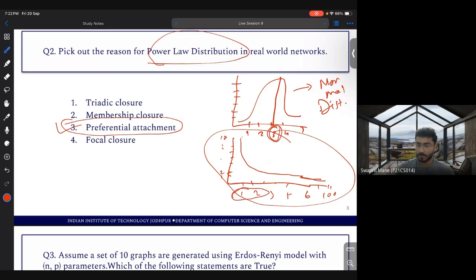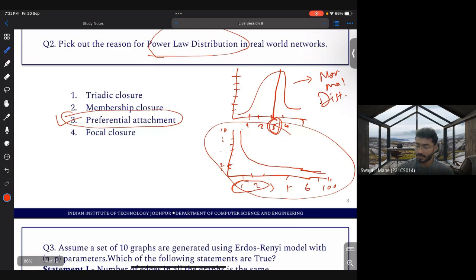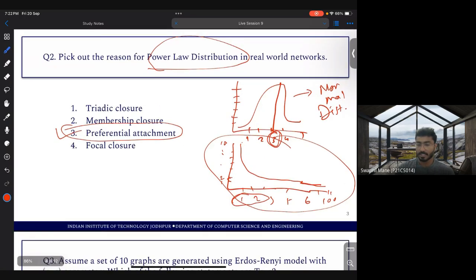I hope you understood the question. It also says that the rich get richer, meaning higher degree nodes.